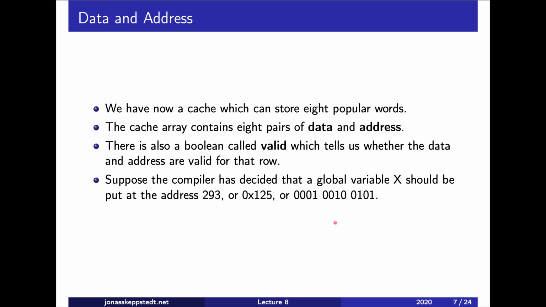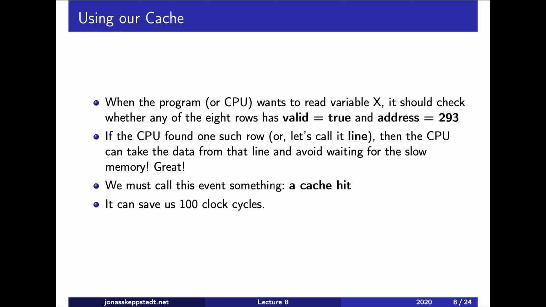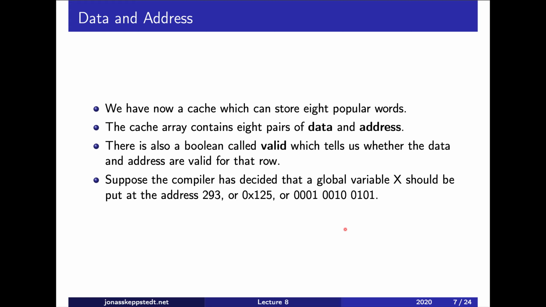Then we should figure out where to put this variable x in the cache memory. One way to do that is to take the lower bits here to decide where to put it.